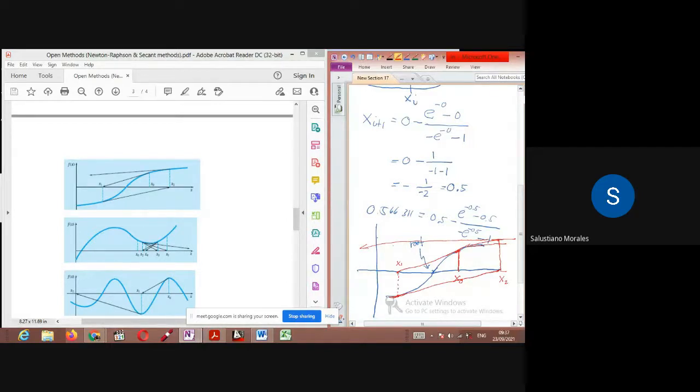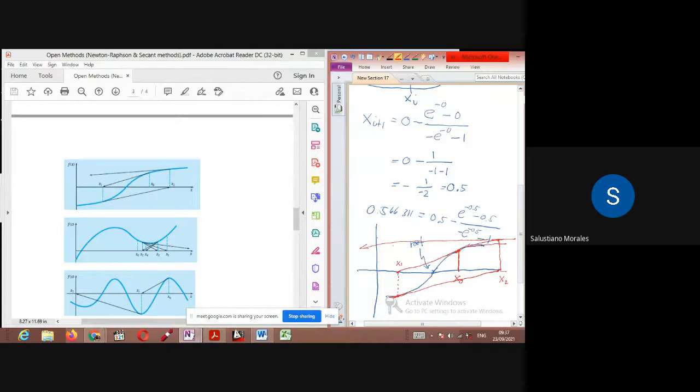If we can solve the root, it takes many iterations before we reach that point. So the remedy is we will choose the initial guess of x to be near the root. So yun lang ang pinaka-remedy for this.